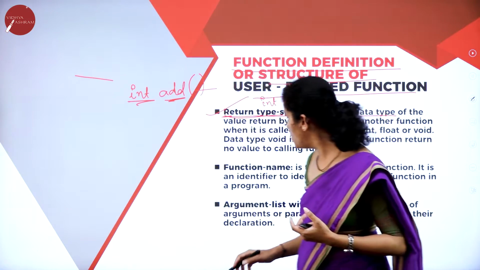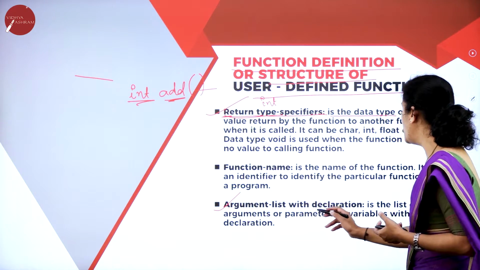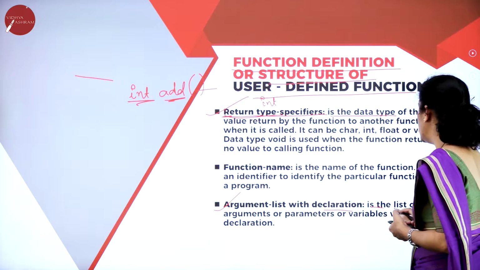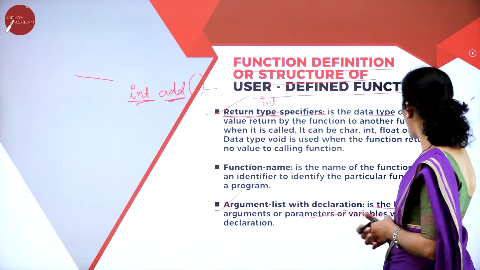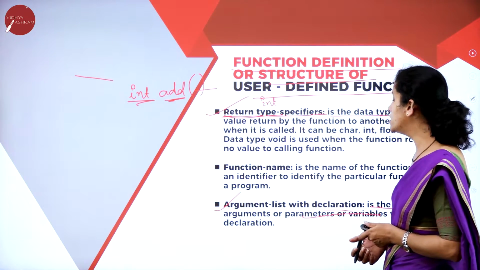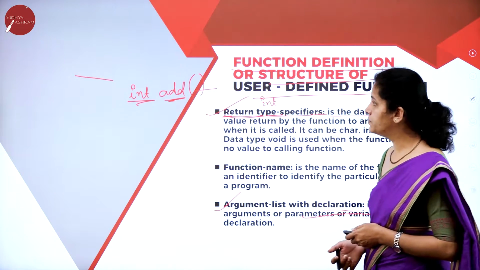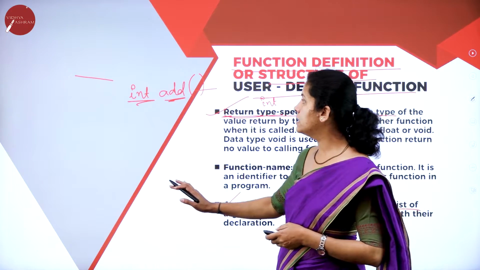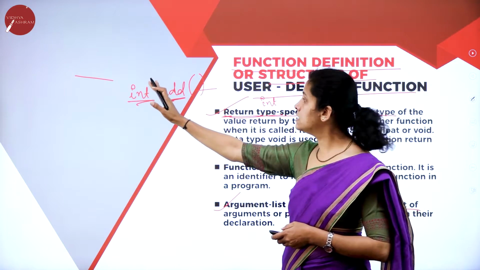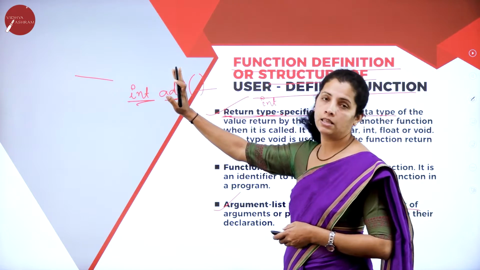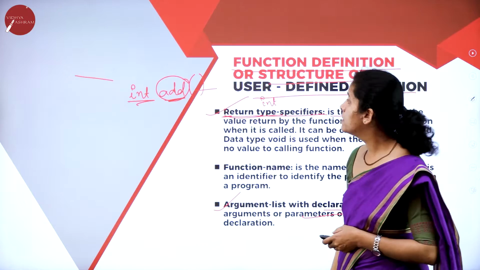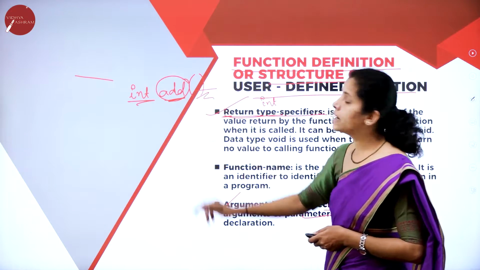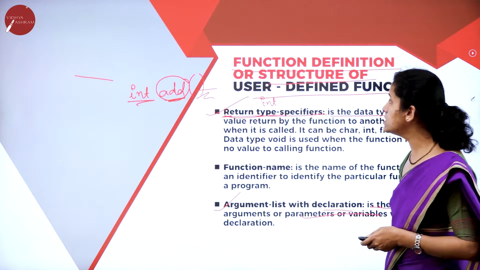So the argument list with declaration is the list of arguments or parameters or variables with their declaration. So the best example here is int. So int is my return type, which is nothing but the data type. This is the user defined function name along with the opening and closing parenthesis.